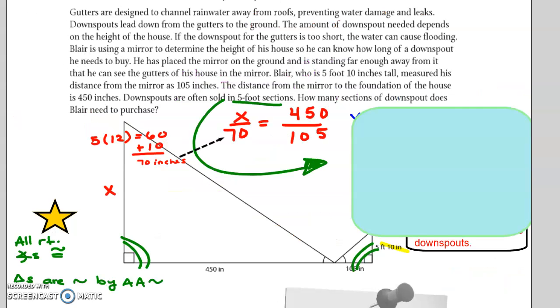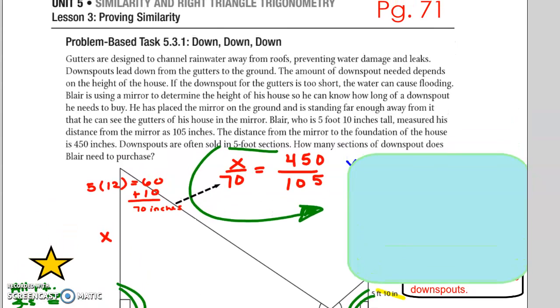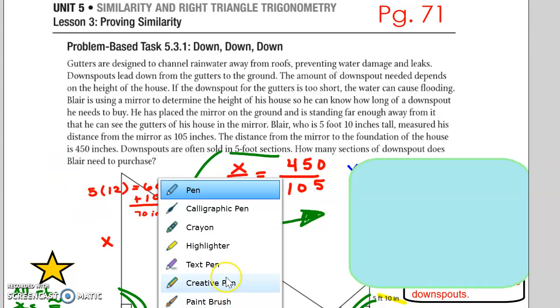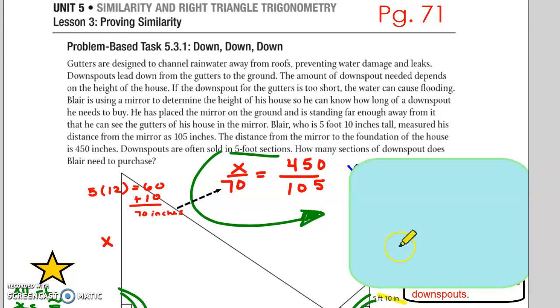All right, let's try to wrap things up. So with the problem-based task, first, it's kind of lengthy. Feel free to read through the problem. One thing I want to notice is Blair's height is in feet and inches, and his distance from the mirror is all in inches.